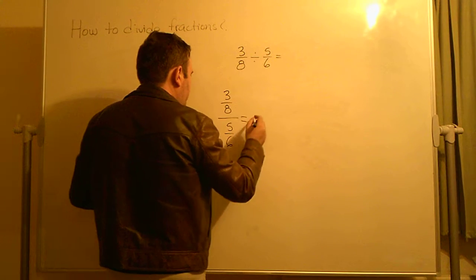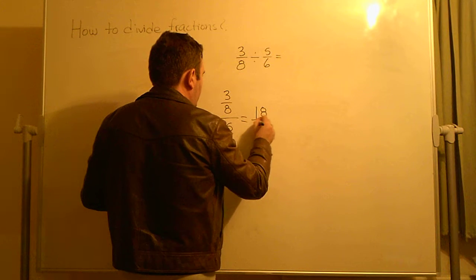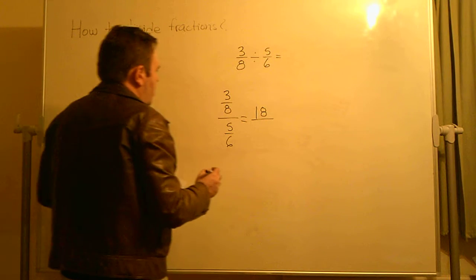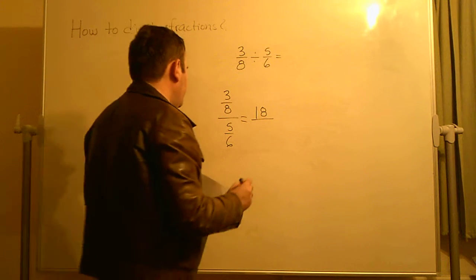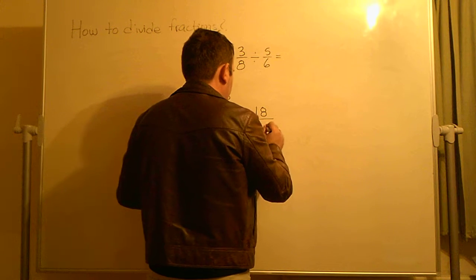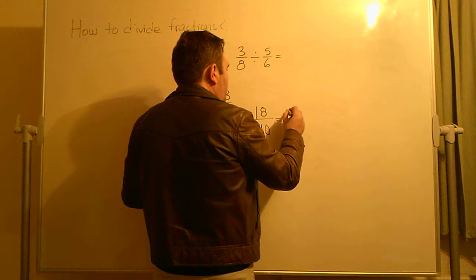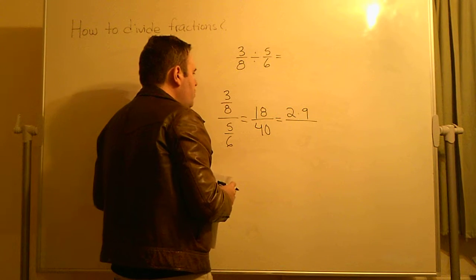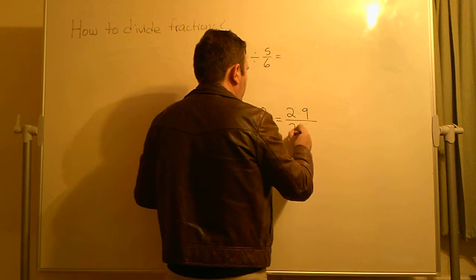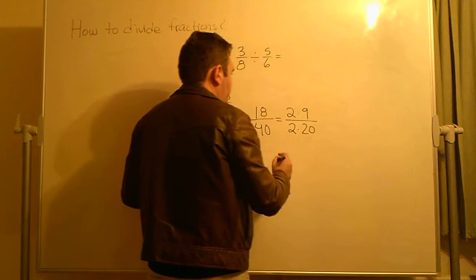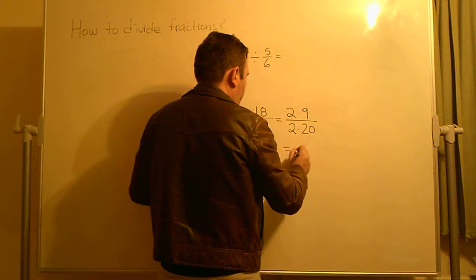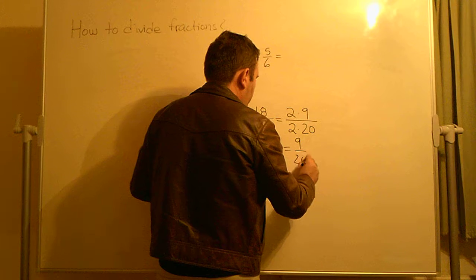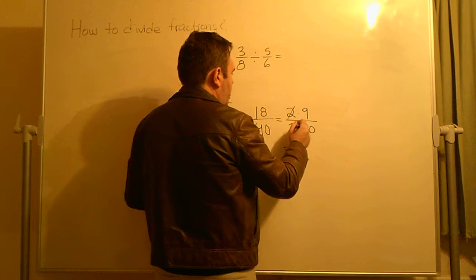So 3 times 6 is 18, and 8 times 5 is 40. 18 is 2 times 9, and 40 is 2 times 20. So the final result would be 9/20, because 2 divided by 2 is 1.